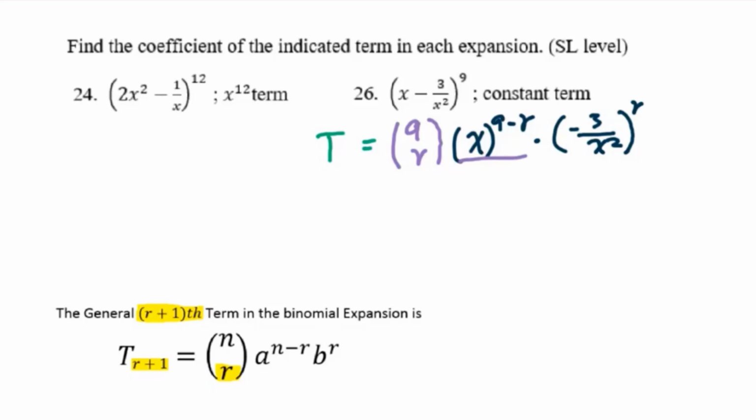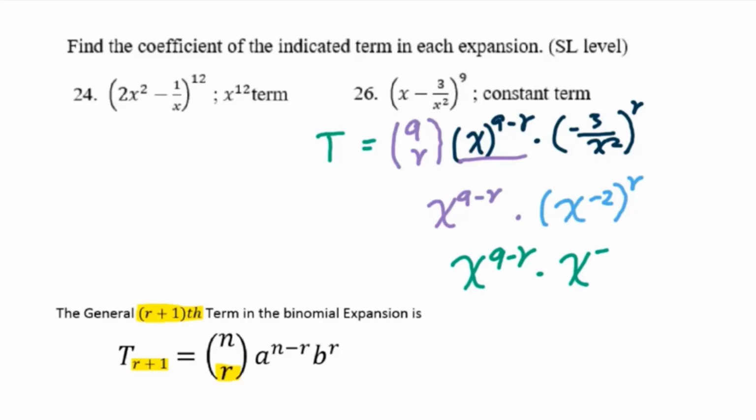We get x to the 9 minus r power times 1 over x squared, which is x to the negative 2nd power, to the r's power. So we get x to the 9 minus r power times x to the negative 2r power. So we get x to the 9 minus r minus 2r, which is minus 3r, power.